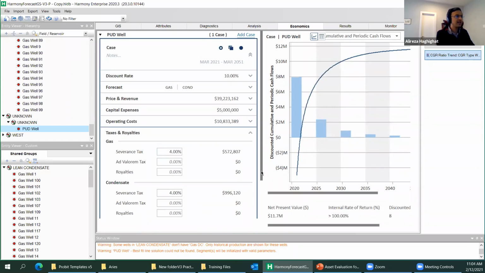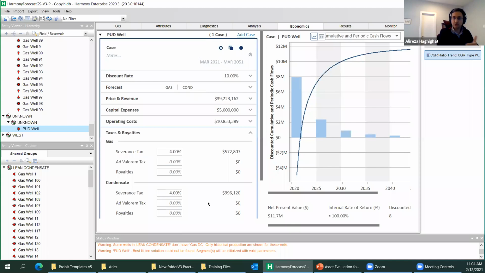And at the end of the day, you can tell if you go and spend $5 million to drill that well in the region that I showed you, you are going to make $12 million in 30 years. So this is your net present value, how much money you are going to gain based on these capital expenditure, oil and gas price, operating costs, and taxes.